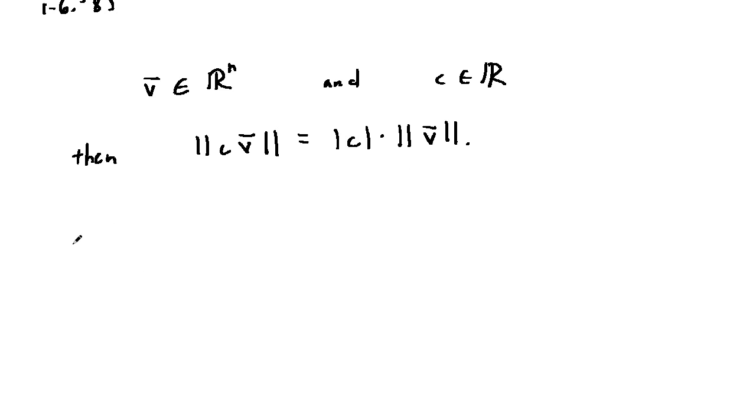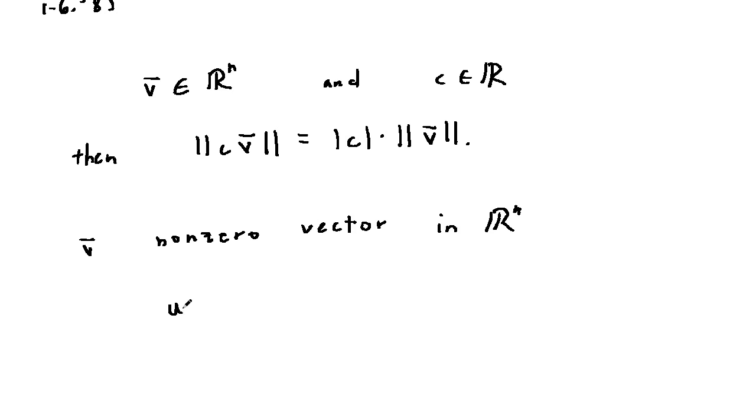Now, if v is a non-zero vector, that just means it's not the zero vector, in Rn, and we want to find the vector pointing in the same direction as v but having a length of 1, we would have to scale the vector v by dividing by the norm of v.